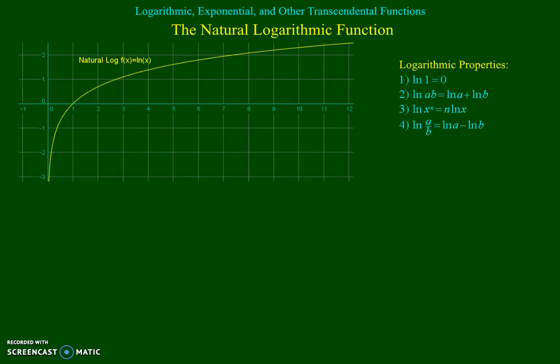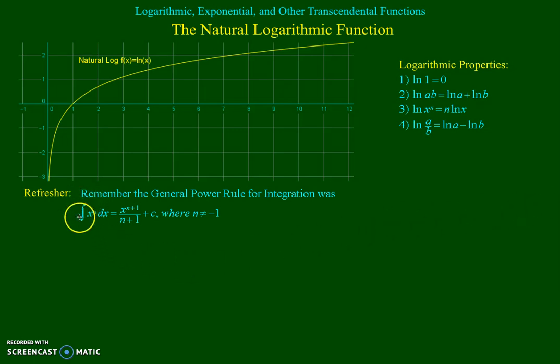Hopefully you'll recall our initial discussions on integration when it was introduced previously, and we talked about the general power rule for integration. The general power rule said that the integral of some function to the n power with respect to x is equal to x to the n plus 1 divided by n plus 1, that is, we add 1 to the exponent and divide by that new exponent, plus the constant of integration.